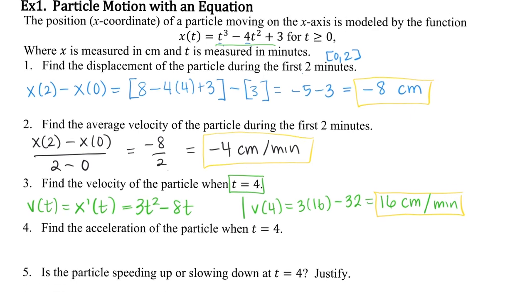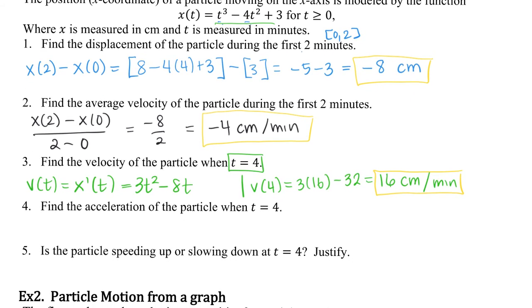Now number 4, find the acceleration of the particle. Acceleration is the change in velocity. So if I want the acceleration, I'm going to take the derivative of the velocity, and they want it exactly at t equals 4, so it's instantaneous.